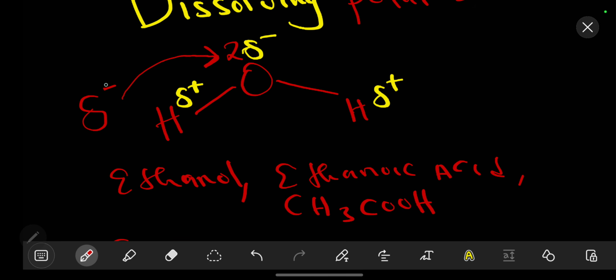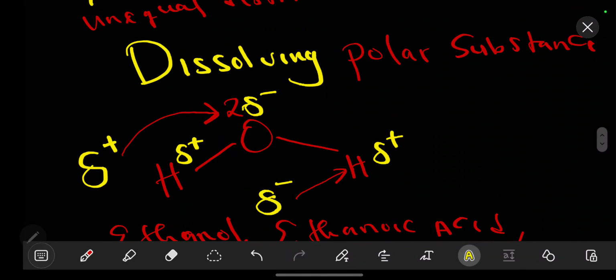So if we have the partial positive here, it will go to the partial negative of water, which is our oxygen. Likewise, the partial negative will be attracted to the positive part of the molecule, like that. So this is how water is able to dissolve substances such as polar and ionic substances.